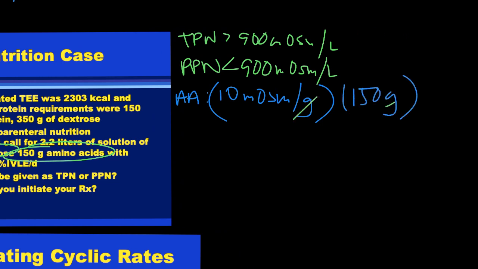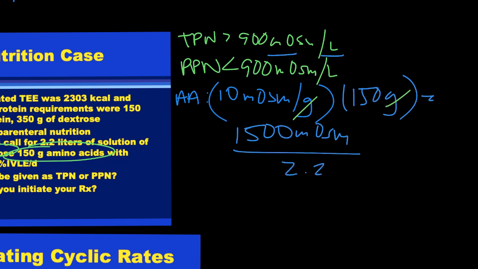The grams cancel to give you 1500 milliosmoles. Now you want to divide that by the liters because it's milliosmoles per liter. So divide by the 2.2 liters.